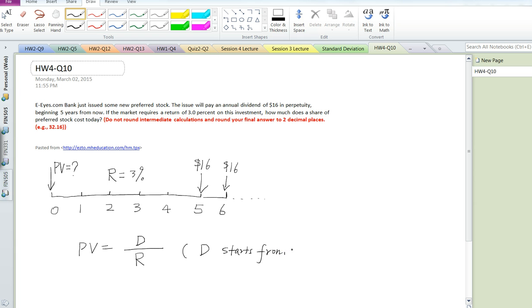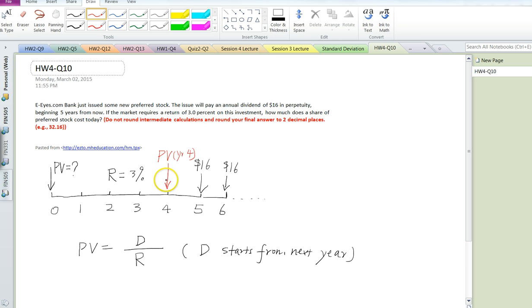Otherwise, we cannot use this formula. In this case, obviously it's not the case because the first payment starts from year 5. But now we can solve this question still using that formula, but we have to move our baseline to year 4. When we stand here at year 4 and look forward, now the first payment starts from next year.